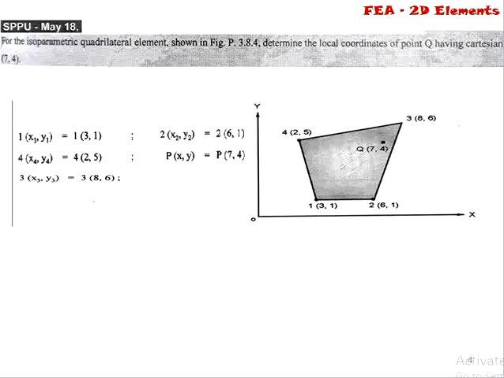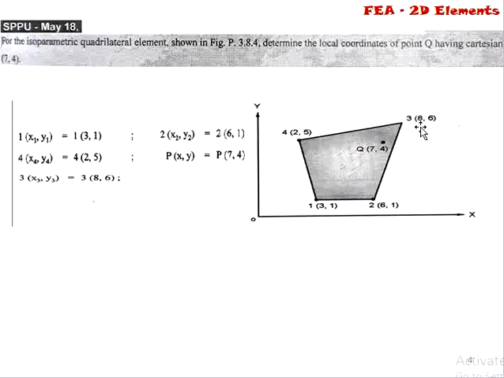According to the given problem, the element type is LSR, having 4 points, point 1, 2, 3, 4, and their respective coordinates: x1 is 3, y1 is 1. For the second, x2 is 6, y2 is 1.